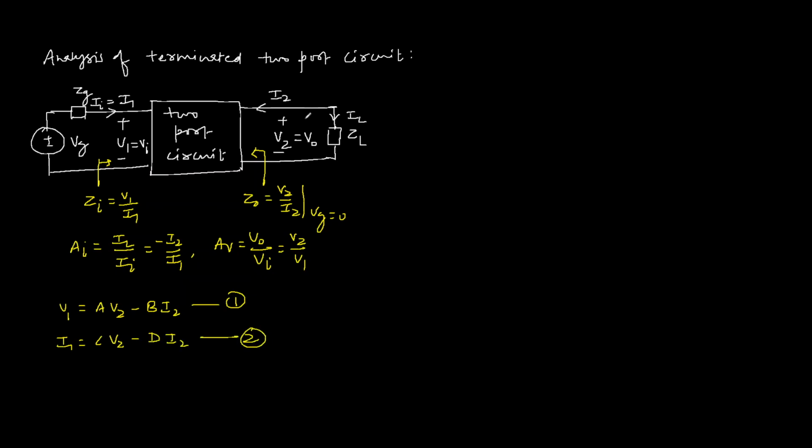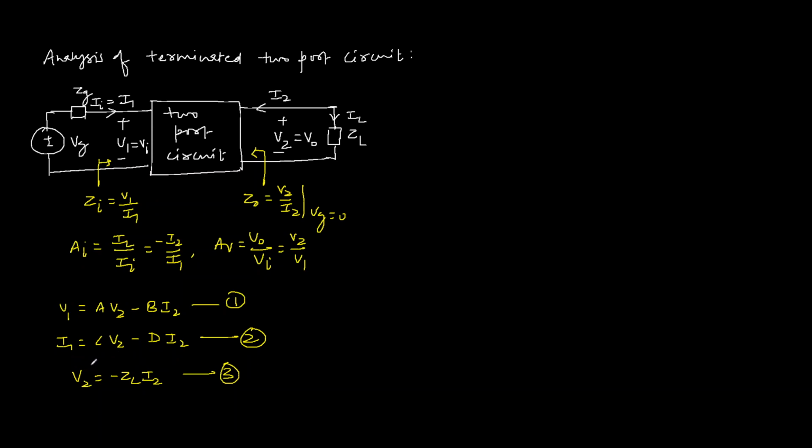Now from the output side we can write V2 as negative ZL I2. This is equation 3. For input impedance, we need the ratio of V1 to I1.